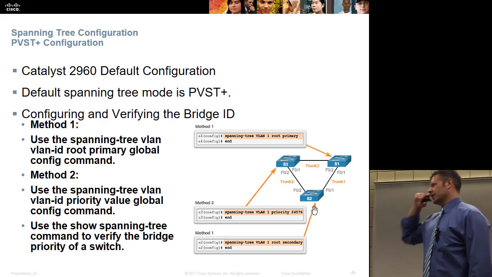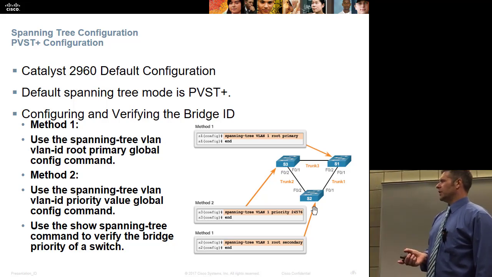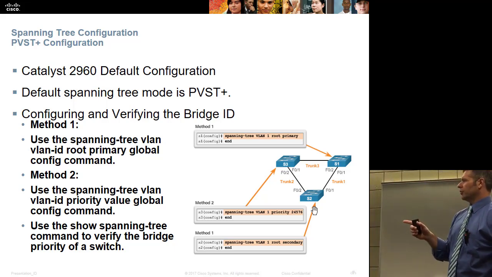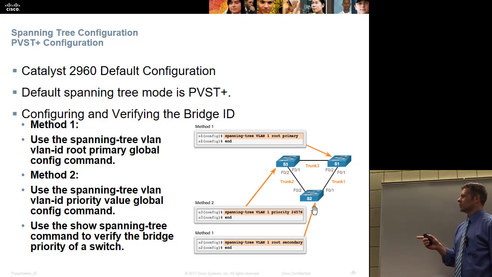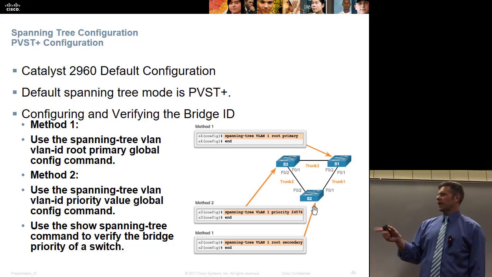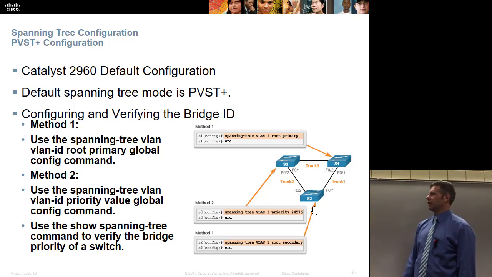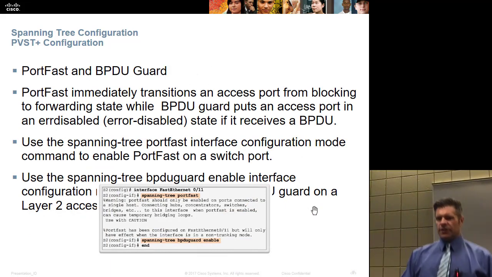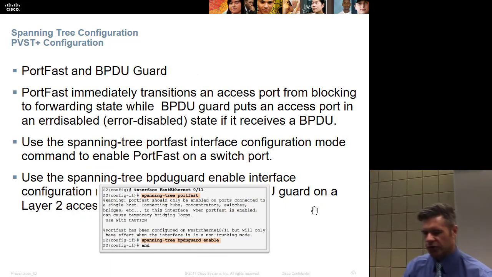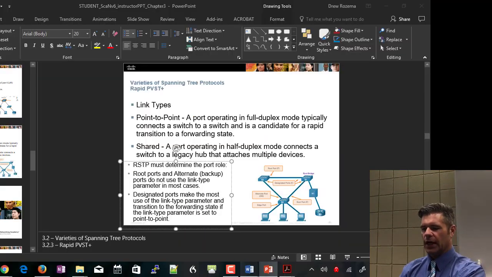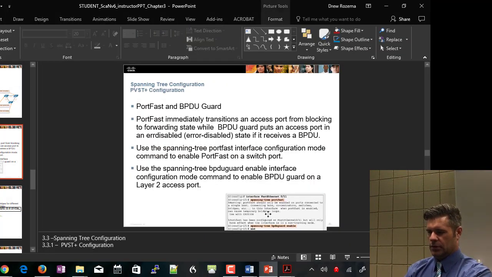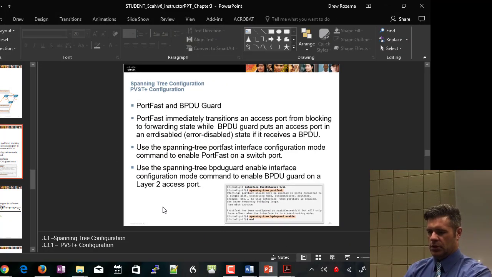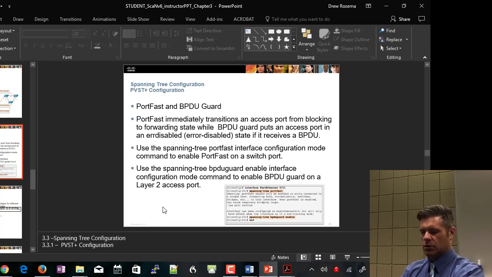Alternately, you can use the priority value to set it, or you can say spanning tree VLAN 1 root secondary to verify the bridge priority on that switch. These are important sort of security considerations as well as configurations.